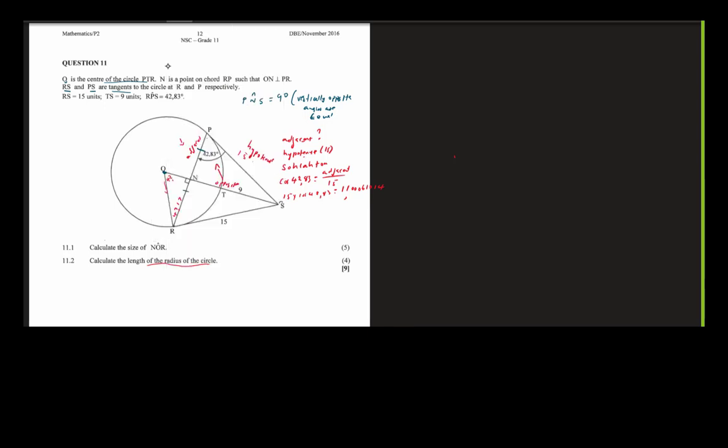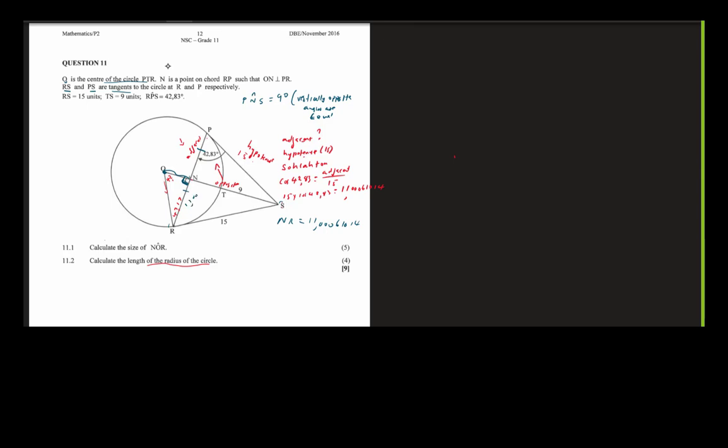A line from the center of a circle to the chord, if perpendicular, means PN is equal to NR. So PN is 11,00061014. Or even NR is 11,00061014.